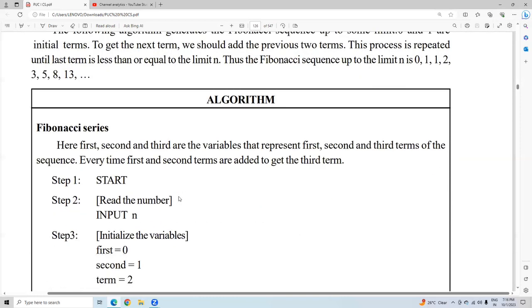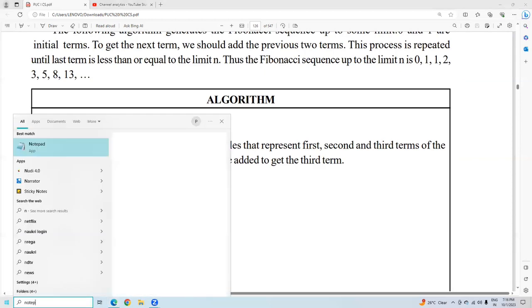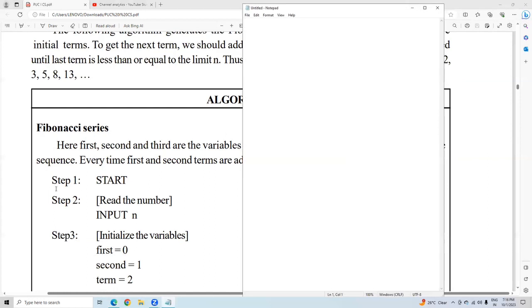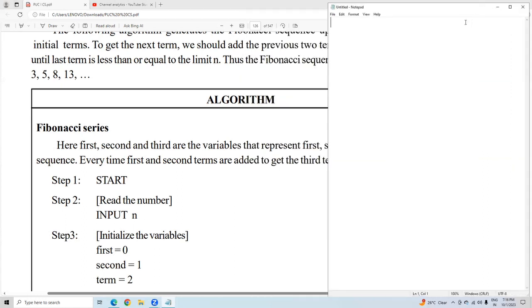Now there is an algorithm to find out the Fibonacci series. What is the Fibonacci series? See, all the time I'm saying that whenever you are solving a problem in a computer, first you must have knowledge of how that problem can be solved using mathematics. Then you can convert it into a program.